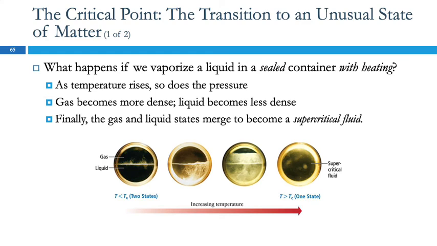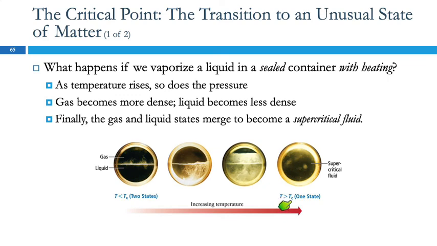So this is peeping into a vessel, and here we can see the division between gas and liquid. And as it heats up, the liquid is becoming less dense, the gas is becoming more dense, and at some point, that division just disappears. It's not that all the liquid became a gas or all the gas became a liquid, but they have merged into the same state, supercritical fluid.